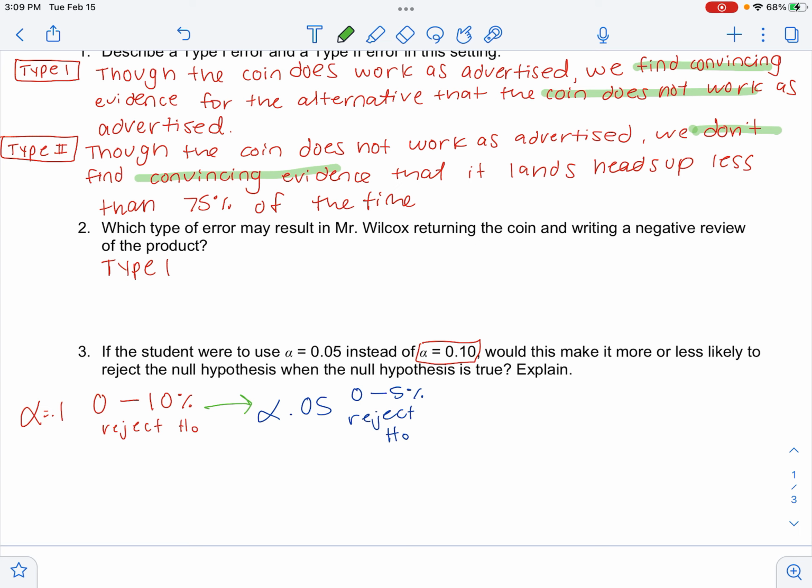Well, in the first case, from 0 to 10, that is a larger range than from 0 to 5. So it is more likely to reject in the range of 0 to 10 than from 0 to 5, simply because there are fewer values in that interval. So I would say that it becomes less likely. 0 to 5 is smaller than 0 to 10.